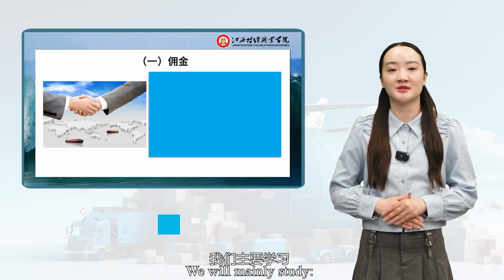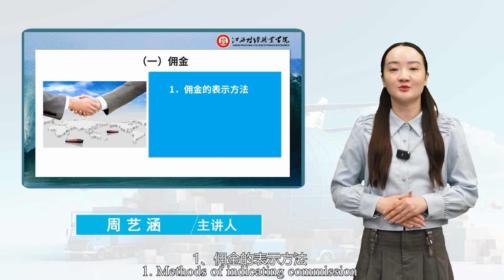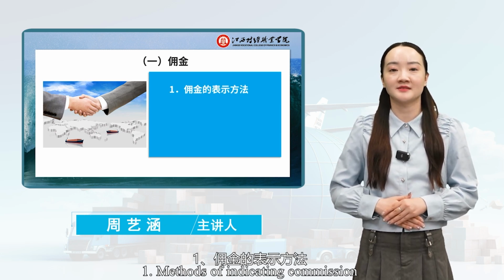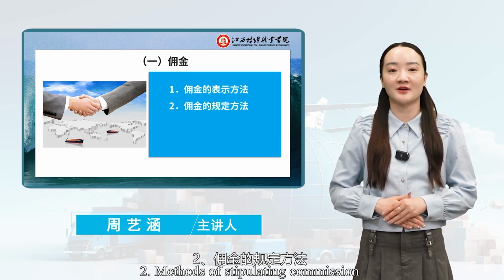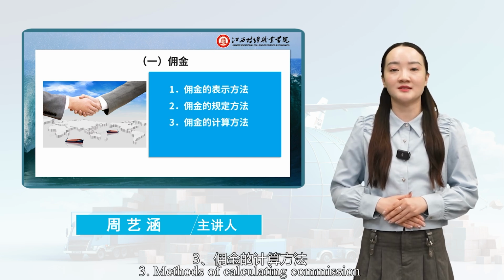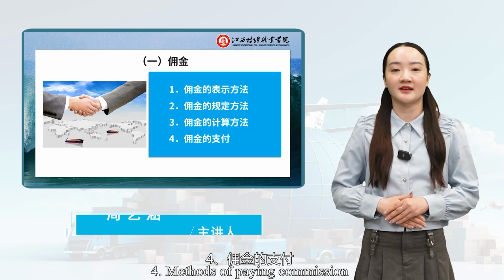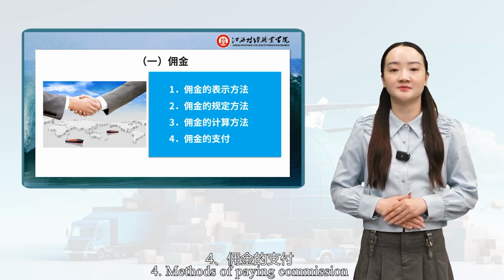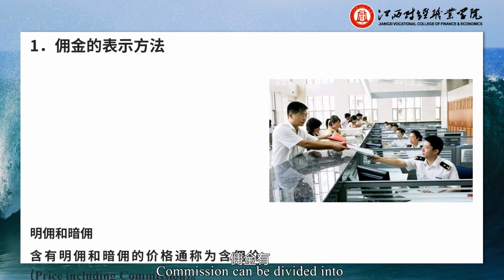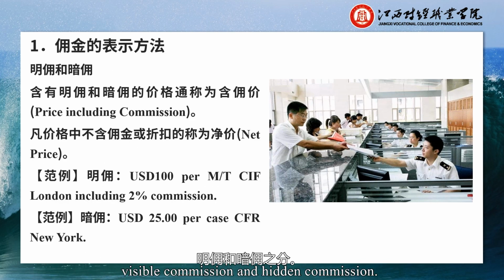We will mainly study: first, methods of indicating commission; second, methods of stipulating commission; third, methods of calculating commission; fourth, methods of paying commission. Commission can be divided into visible commission and hidden commission.